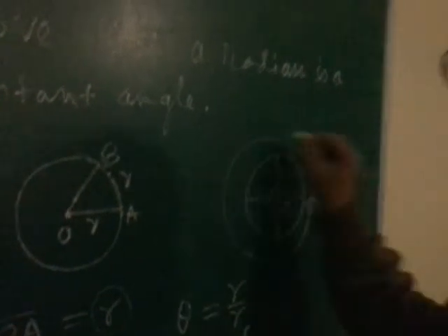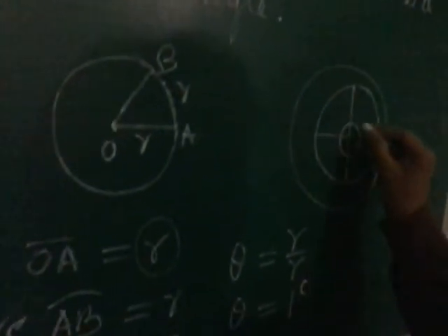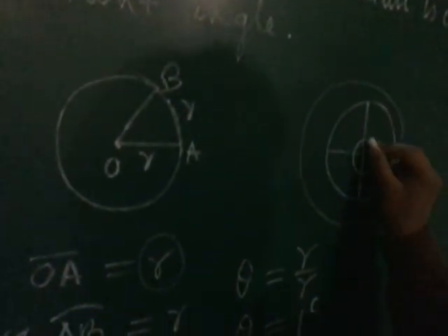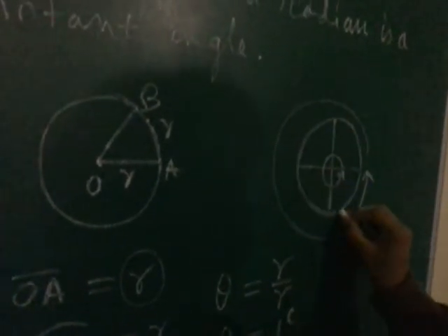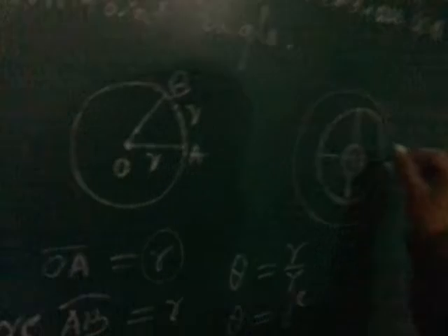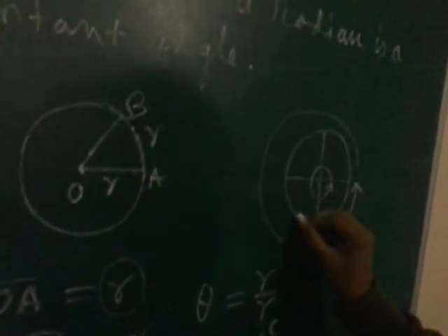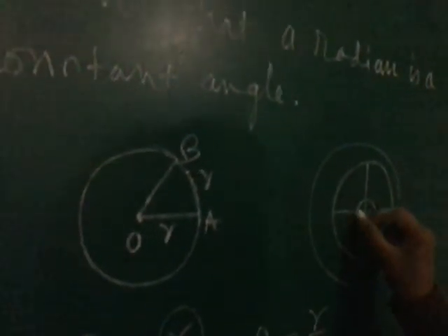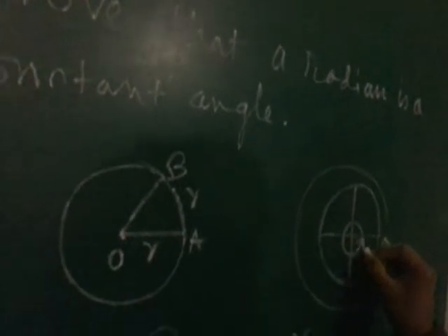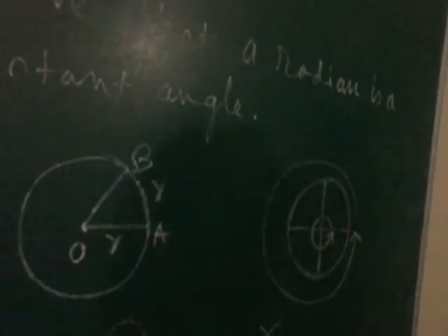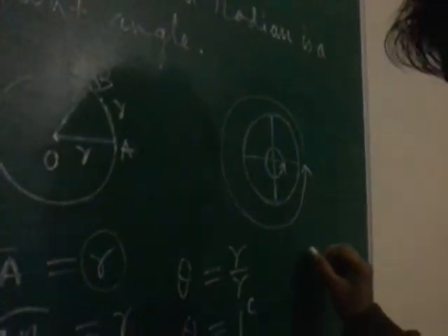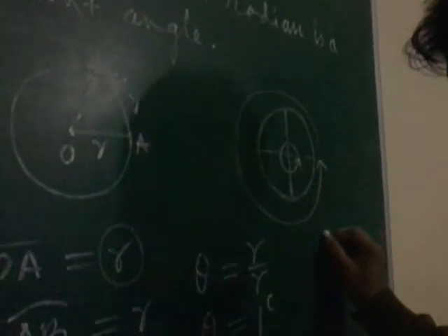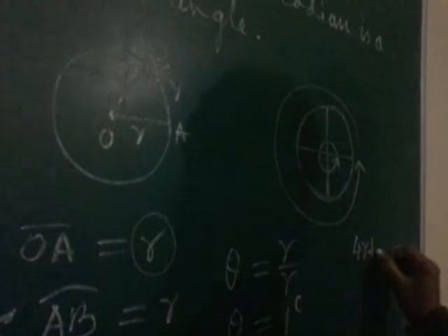So in case of the whole circle, angle will be the 4 right angle, and this will be the circumference of the circle. When length is the circumference of the circle, angle is the 4 right angle.